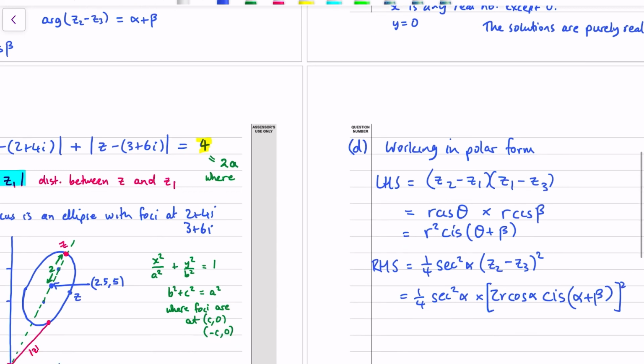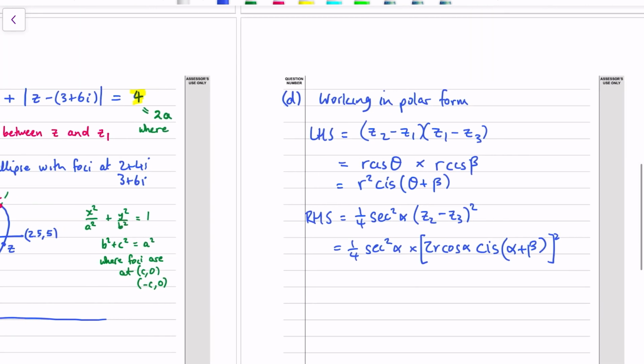When you're squaring, you're timesing by itself, so you square the modulus and you double the angle. So we get 2R cos alpha times itself, which is 4R squared cos squared alpha, and then cis, double the angle, 2 alpha plus 2 beta.